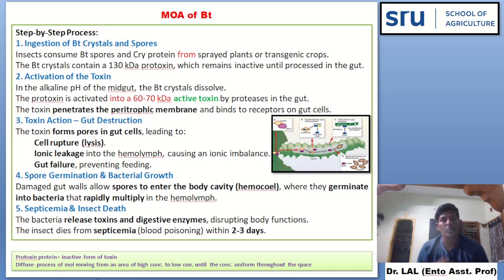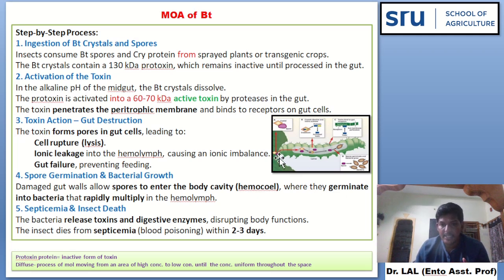See here the mode of action of the Bt, step by step process. First, ingestion of the Bt crystals and spores. The insect consumes Bt spores and crystals from the sprayed plant or transgenic crops.